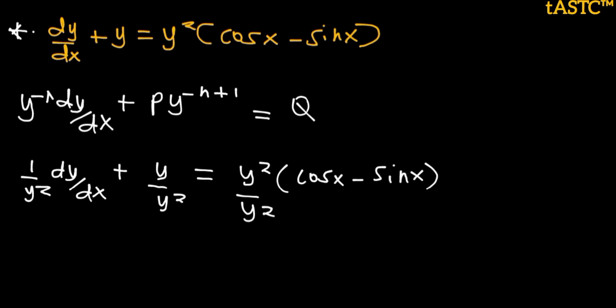So here you should have this cancel one of it, and here is going to cancel everything. So you would have y to the negative 2 dy dx, and here we basically have a 1.